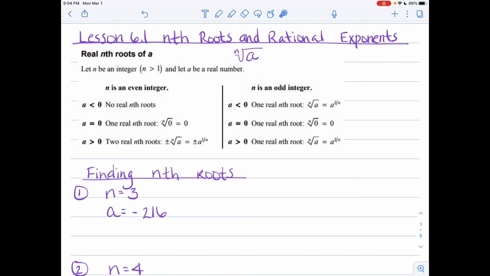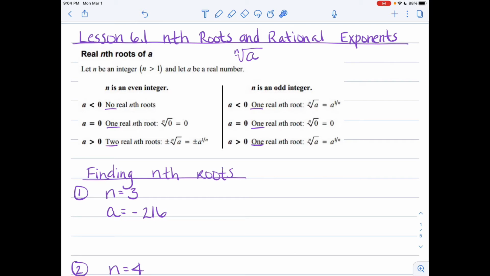Now, when n is odd, we are always going to just have one real root. So remember, when it's even, we could have none, 1, or 2, but when it's odd, it's always going to be 1. And that root is just simply going to be evaluating the nth root of a.